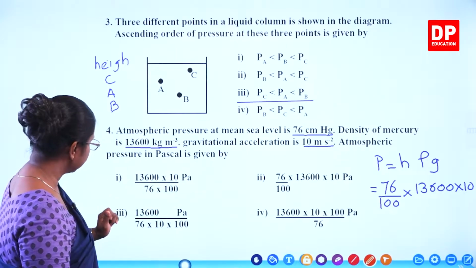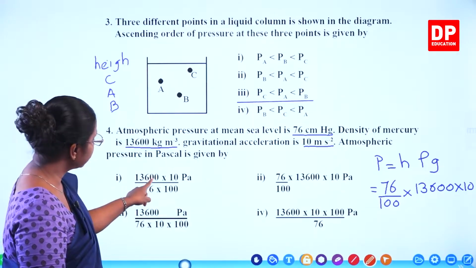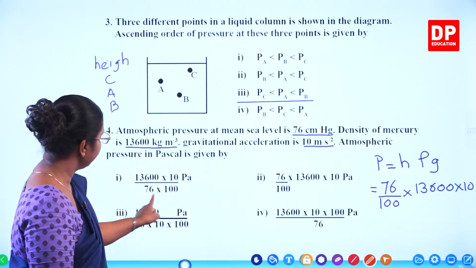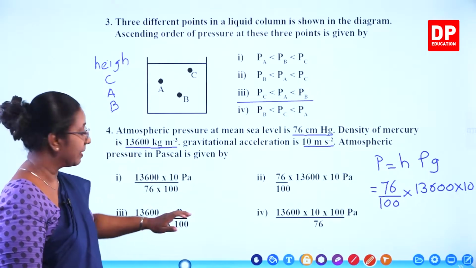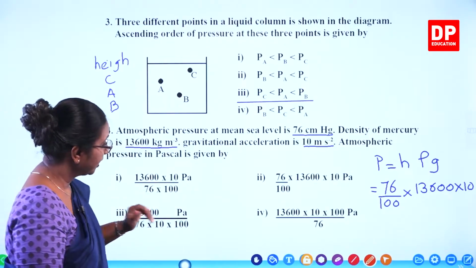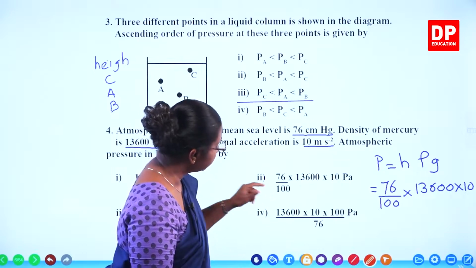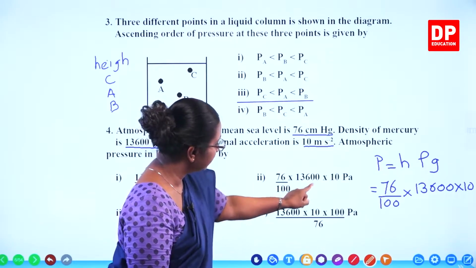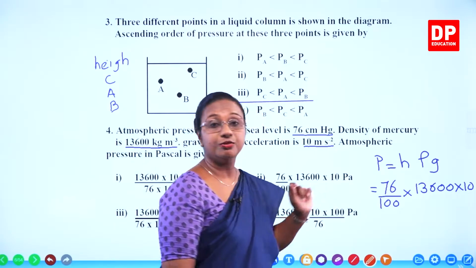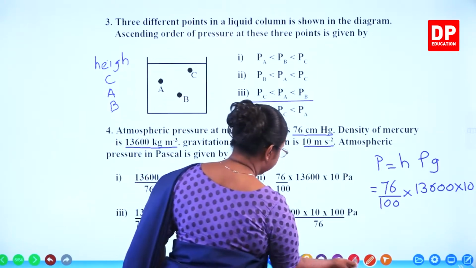We'll look at the answers. Here, of course, 13,600 into 10 divided by 76 into 100 Pascal, that's not correct. This one, 76 divided by 100 into 13,600 into 10, that is the correct answer.